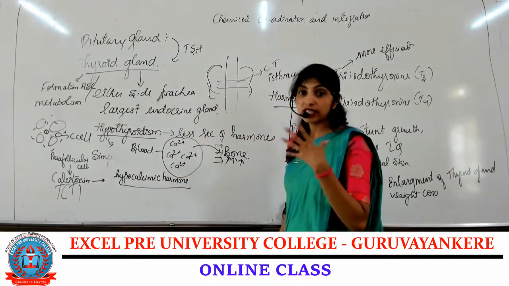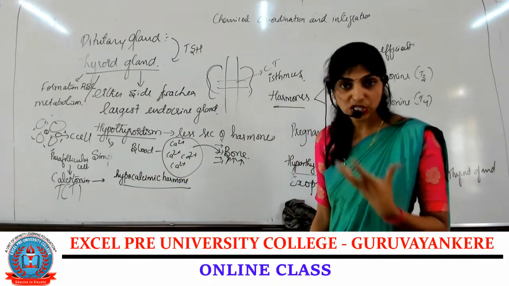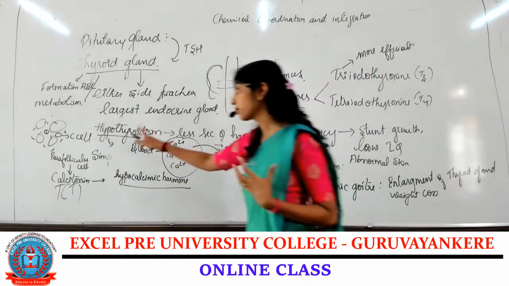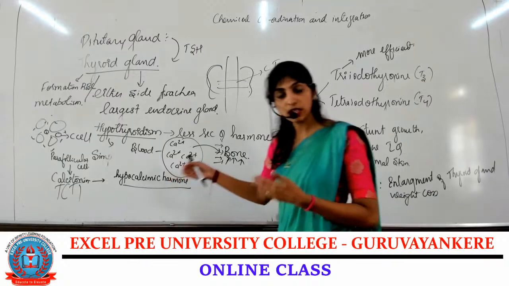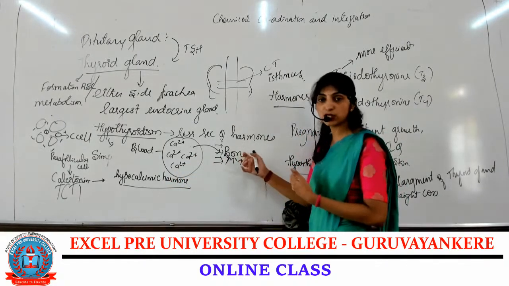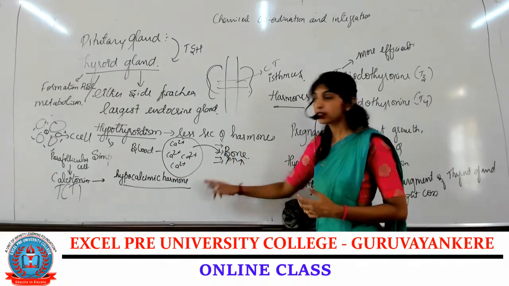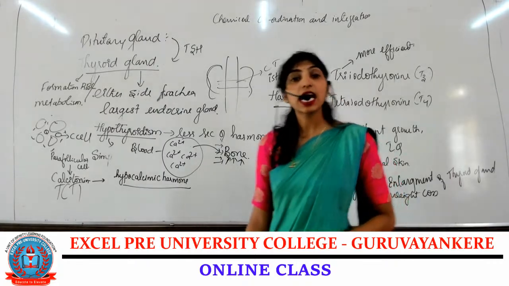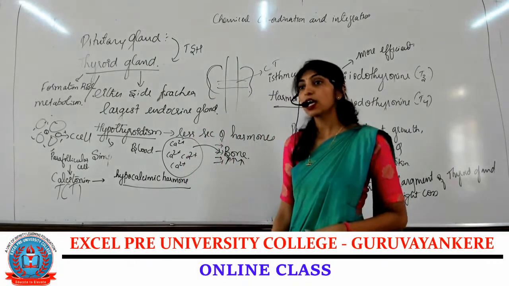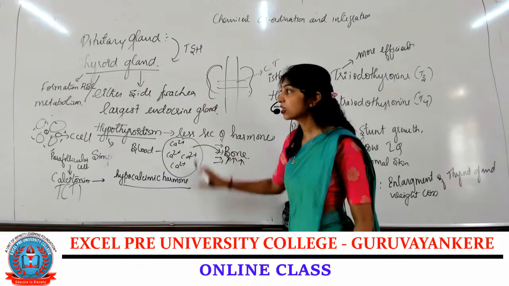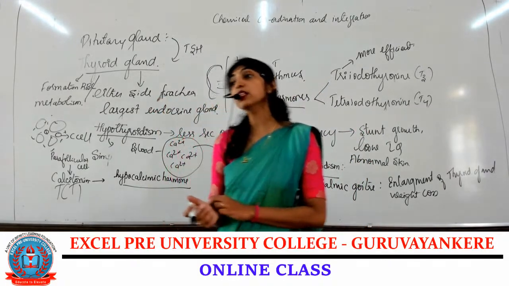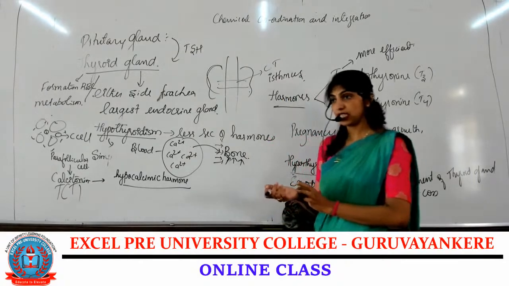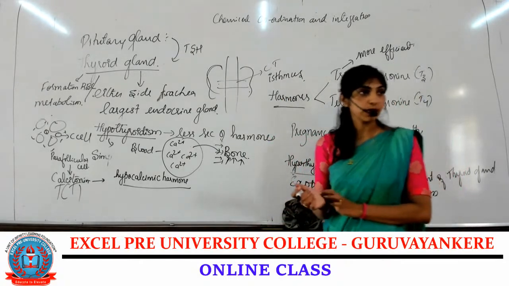Whenever there is an increase in the calcium level in the blood, our thyroid gland secretes thyrocalcitonin, which will deposit the calcium from the blood to bone. That is why they are also called hypocalcemic hormones. And these thyroid hormones also help in the formation of RBC, red blood cell formation.